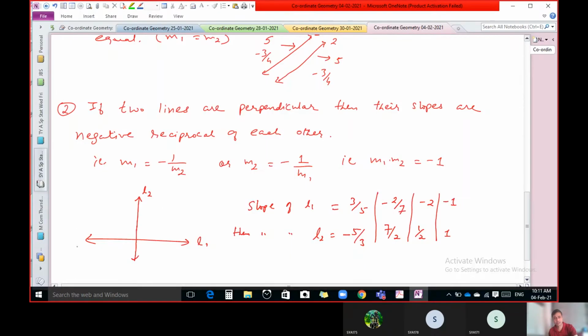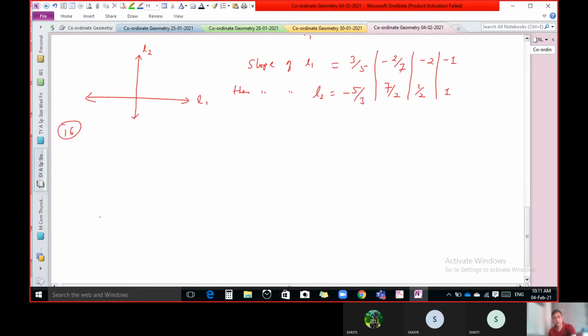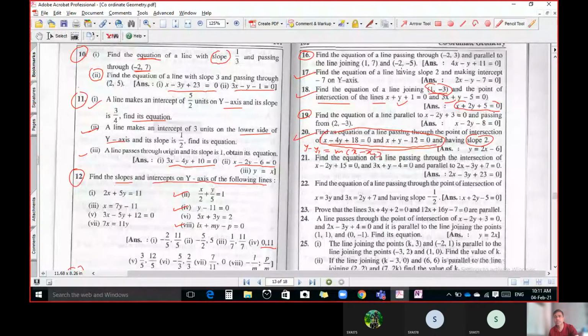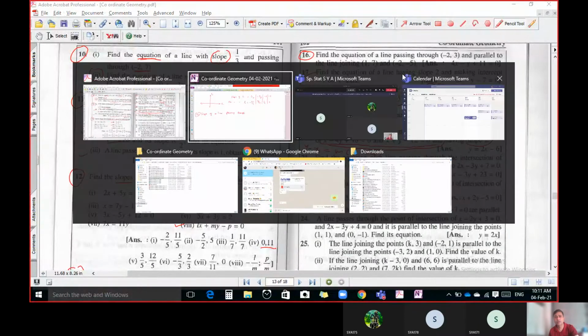So 16. Slope of a line passing through 2 points. One point is given, (1, 7), second one is (-2, -5).